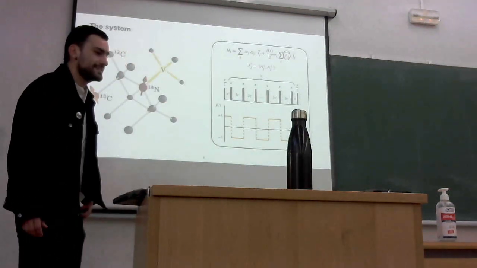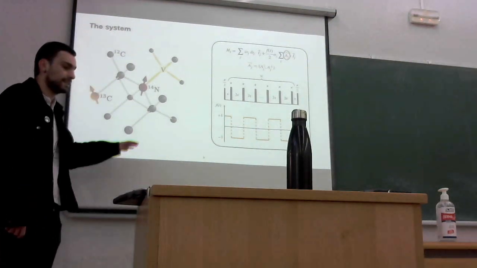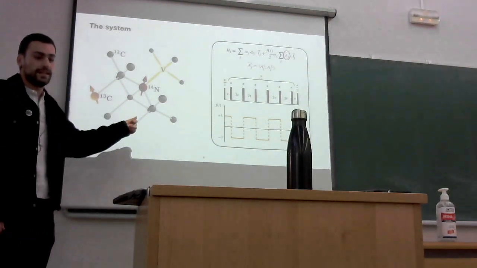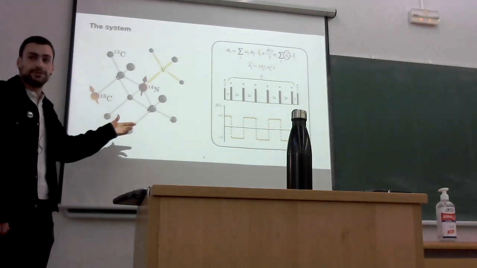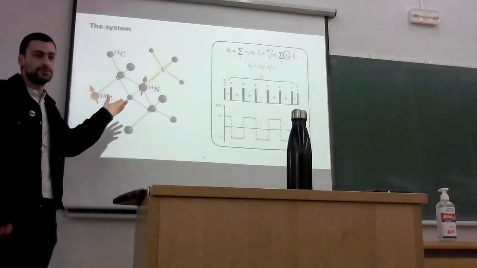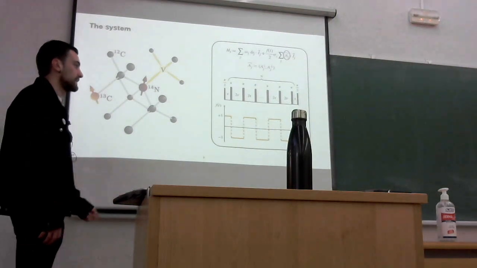So here is the system that we are working with, which is, of course, the diamond lattice, where we have this NV center, and in diamond, naturally, we can see carbon-13 nuclei in 1.1% of density.